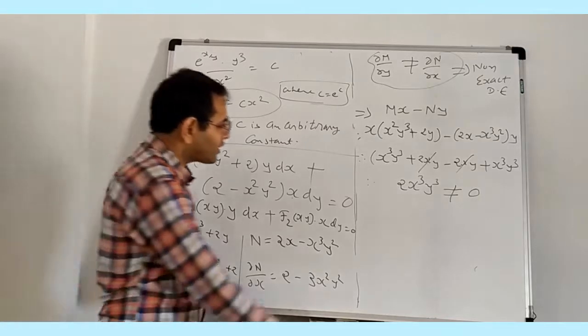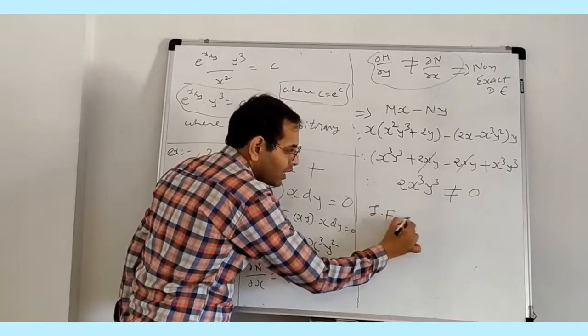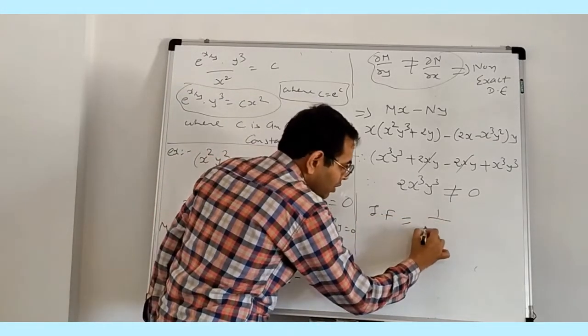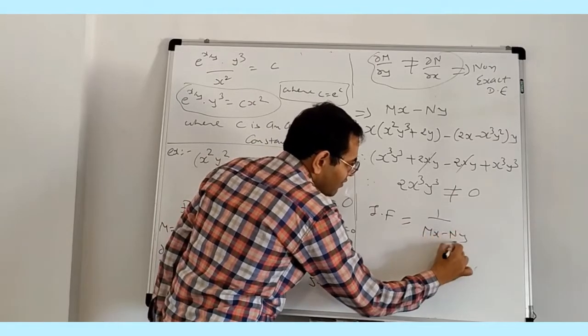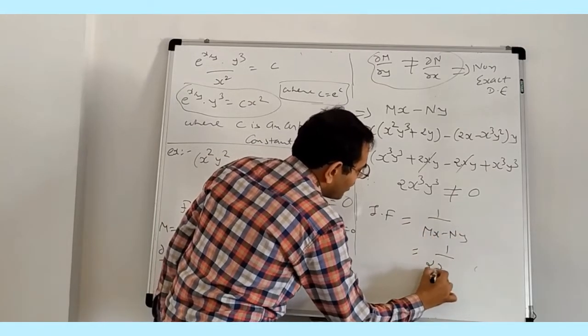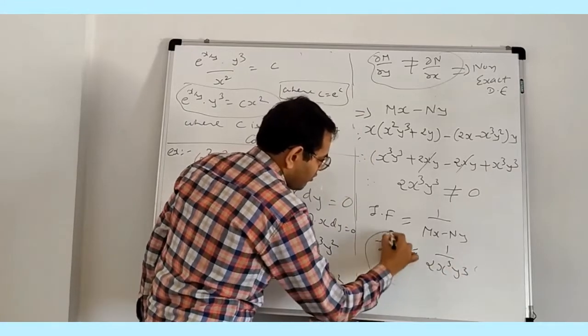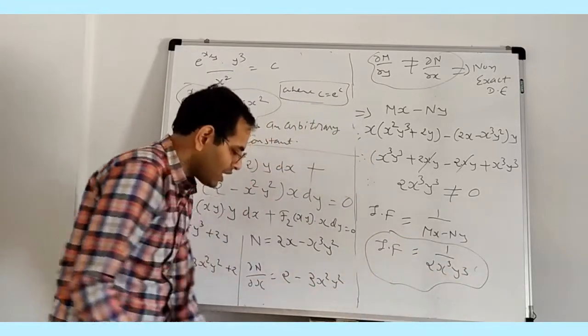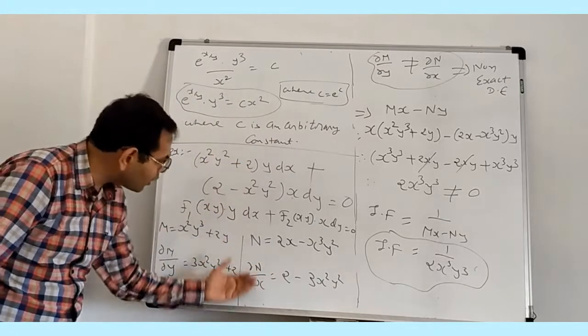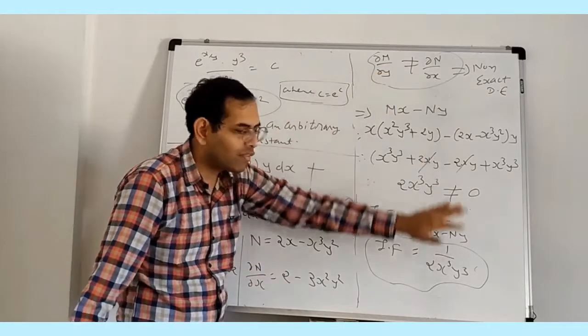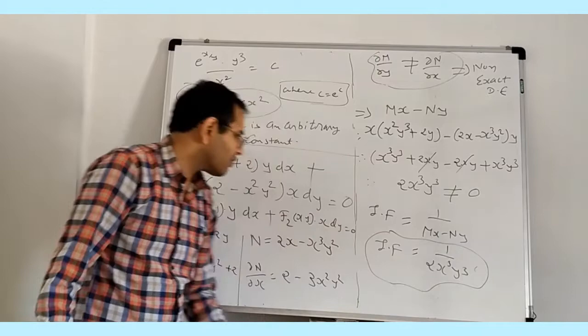Then the integrating factor is 1 upon Mx minus Ny, which is 1 upon 2x cube y cube. That is our IF.